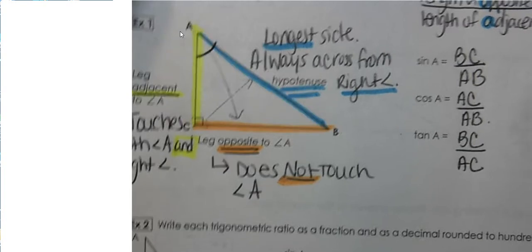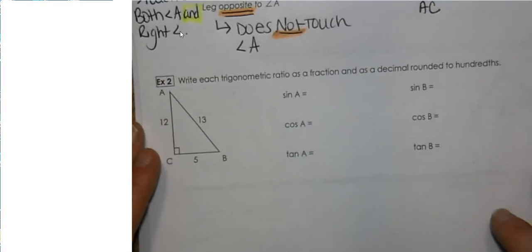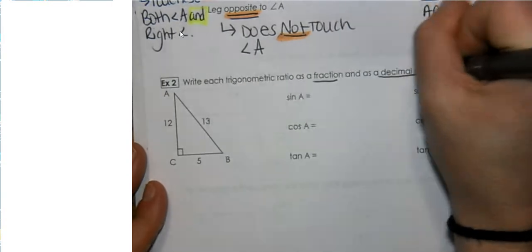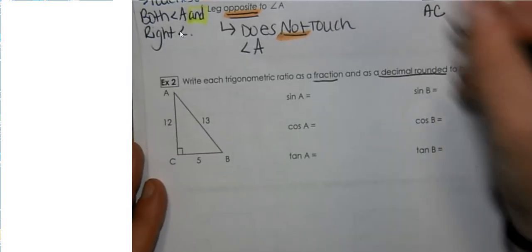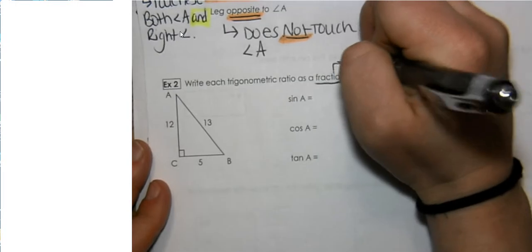All right, let's go ahead and look at example number 2. In example number 2, it says, write each trigonometric ratio as a fraction and as a decimal rounded to the nearest hundredth. Now, in this problem, it's going to be nice because the fractions will already be simplified, but if they weren't simplified, always make sure that they are simplified.